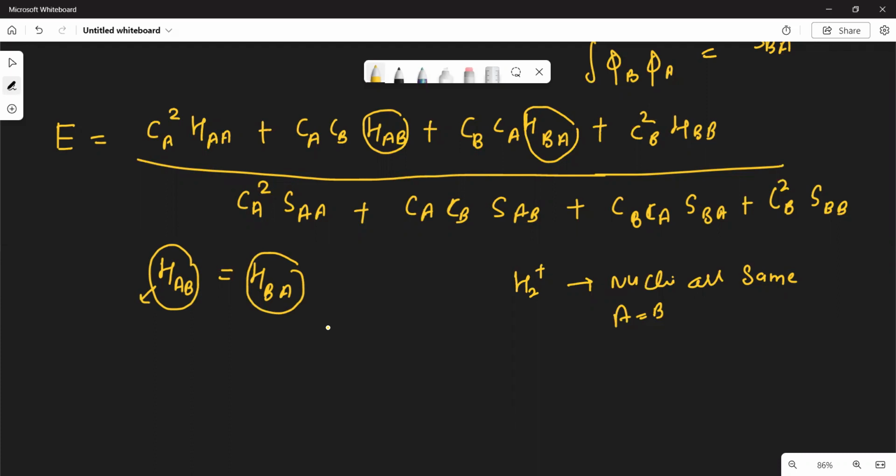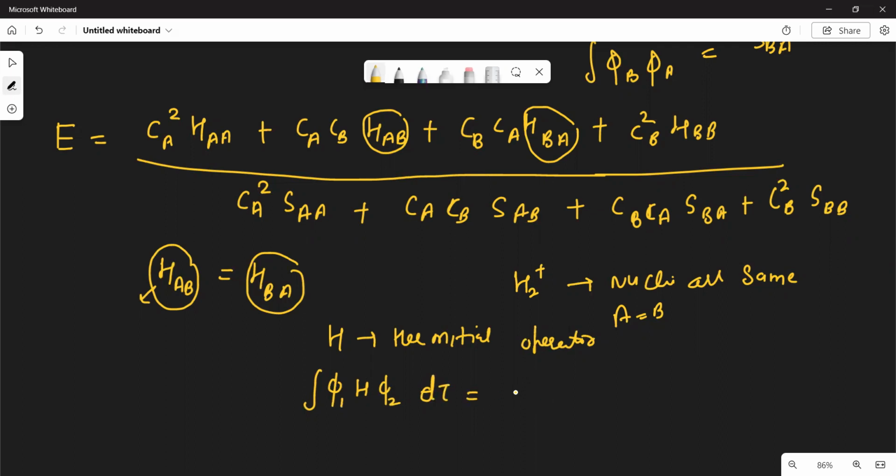And you know one thing also, that the Hamiltonian is a Hermitian operator. And you know the condition for Hermitian. Suppose we have two wave functions, psi 1, H psi 2, dτ.